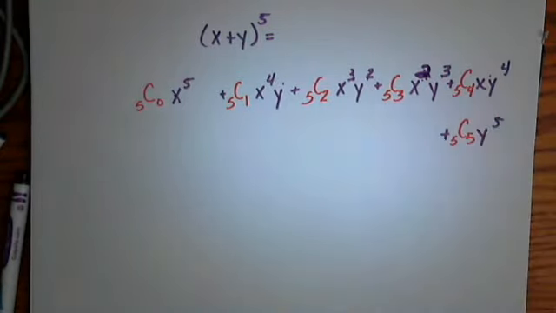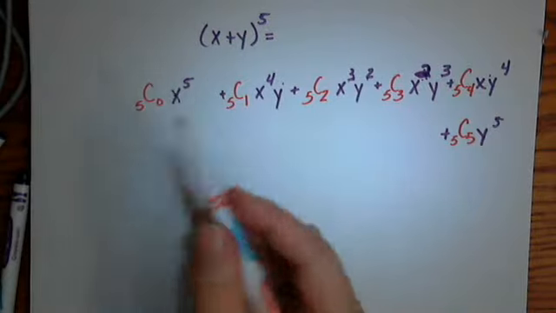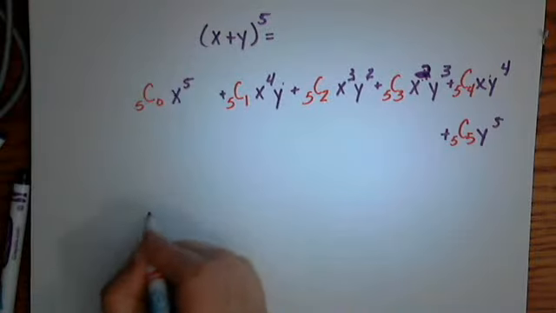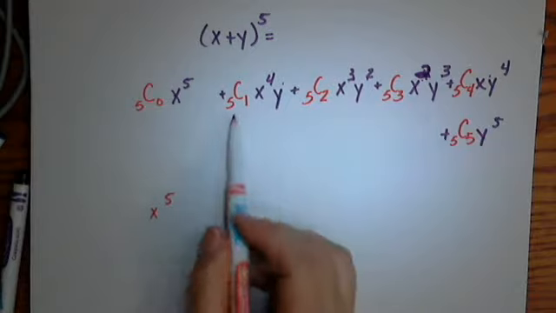And that's going to be what our coefficient is. What is 5 choose 0? 5 choose 0 is 1. So that's going to end up being just an x to the 5th. What's 5 choose 1?